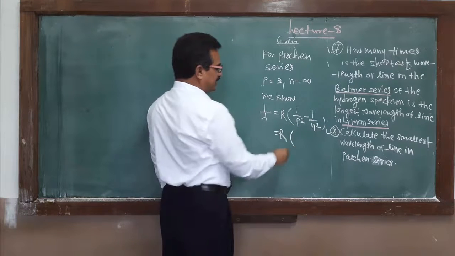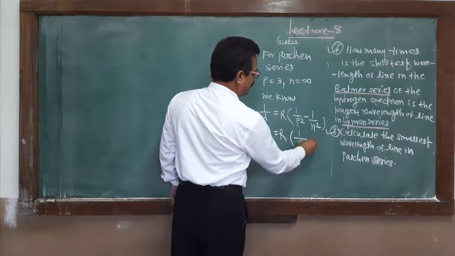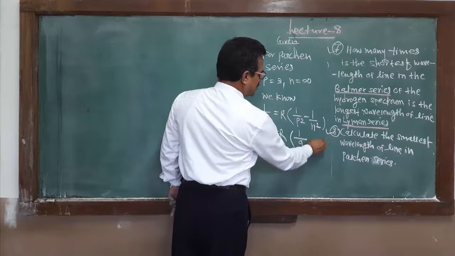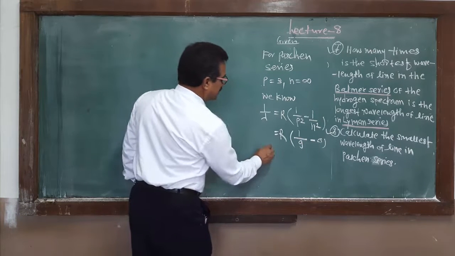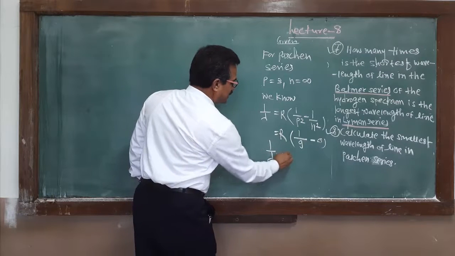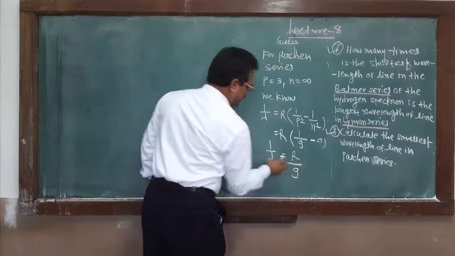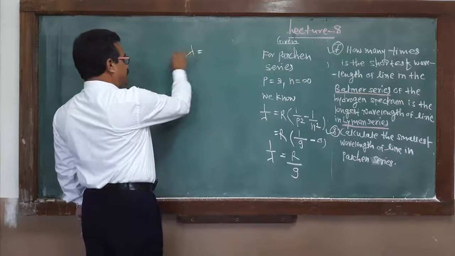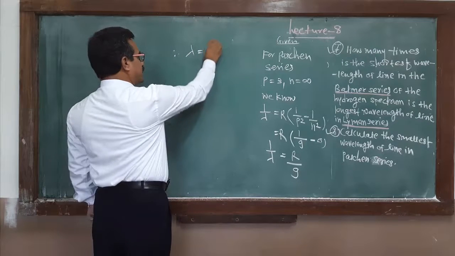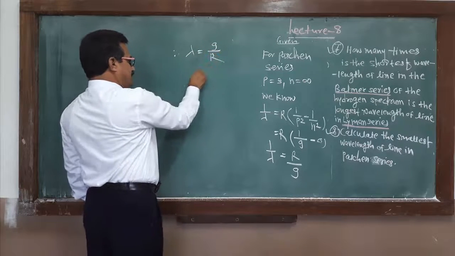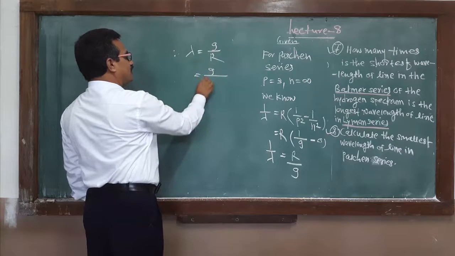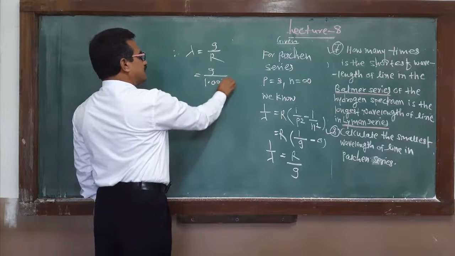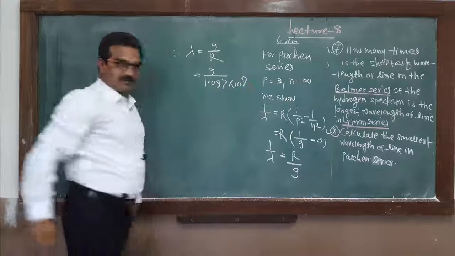What is the value of P? Here is 3, means 1 upon 9, minus 0. Means 1 upon lambda is equal to R upon 9. Therefore, lambda is equal to 9 divided by R. What is the value of R? 1.097 into 10 raised to 7.